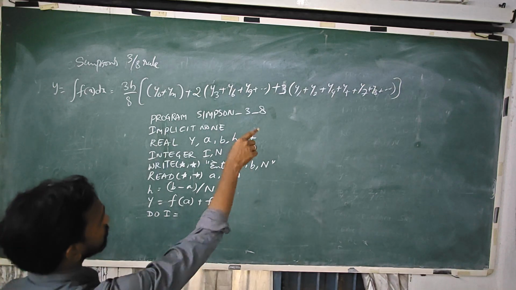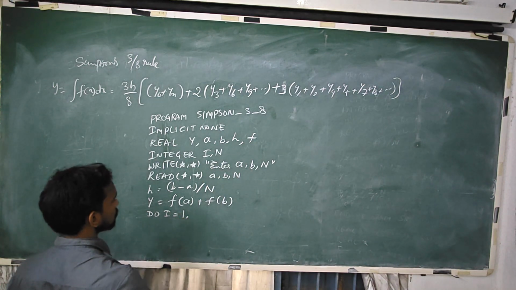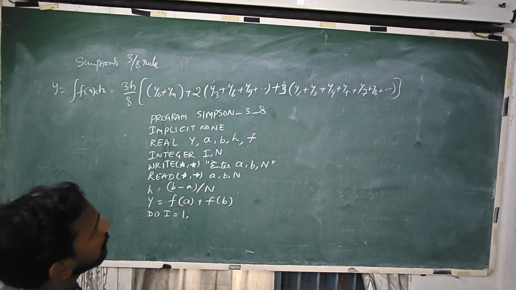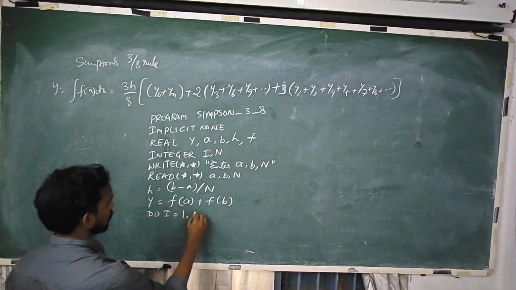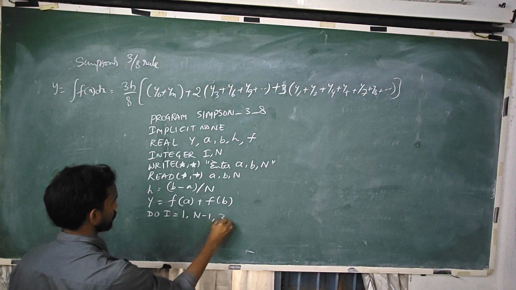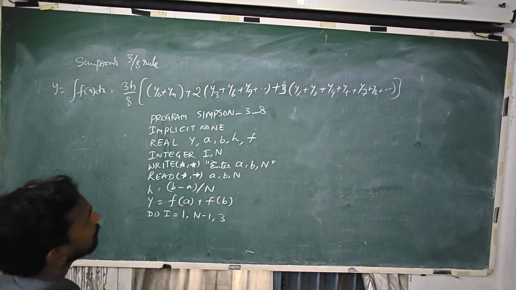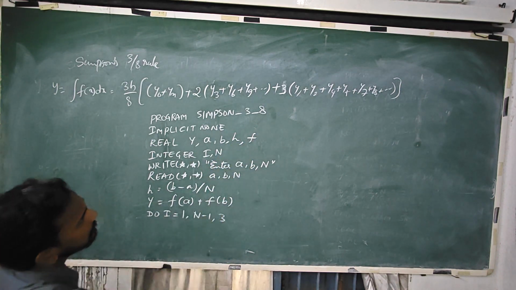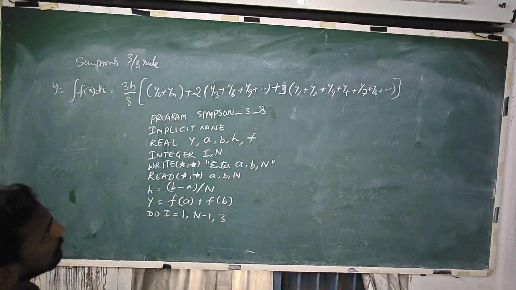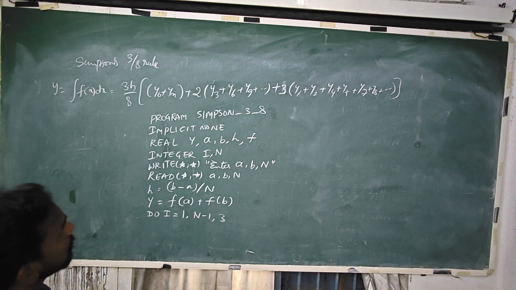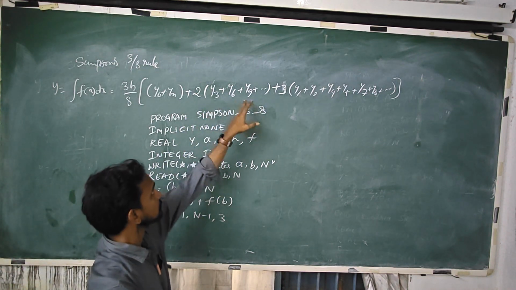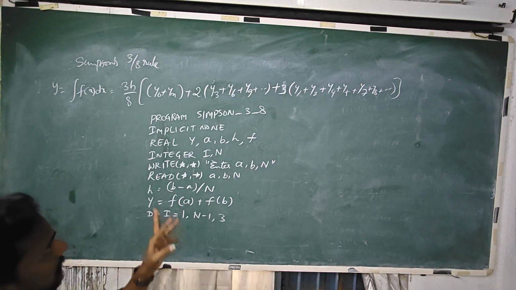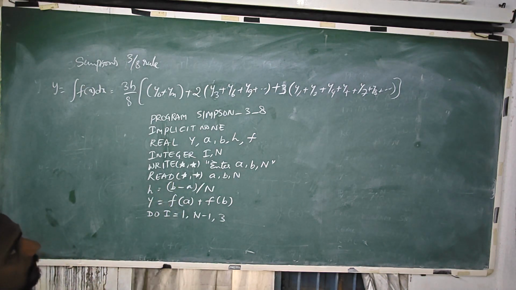So I'll be starting with 1 and with a step size 3 up to n minus 1. So I'm adding, I cannot do that because I have to skip each third term y3, y6, y9. So I cannot continue with even terms and odd terms.